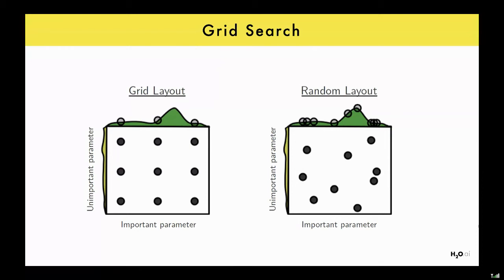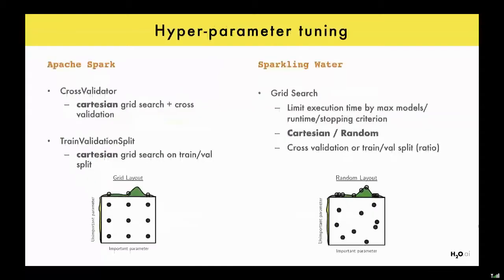There is another approach called random layout, where we try to search the hyperparameters using some random techniques. Spark has the first approach, but it doesn't have random grid search. So that's why you might want to use Sparkling Water for getting better performance with grid search.